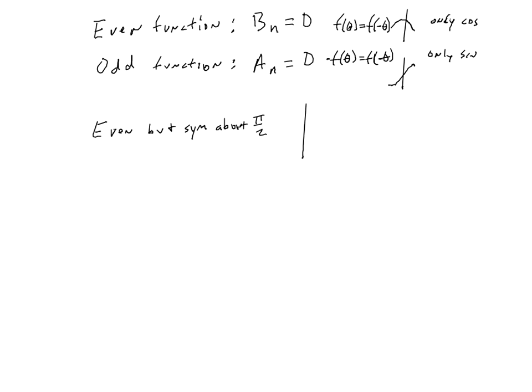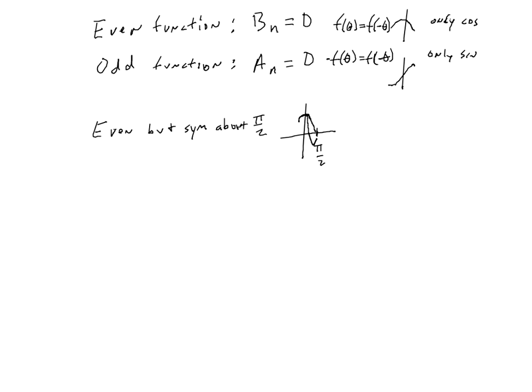What that looks like is, let's suppose you have a function like this, and it's symmetric, right? But then this is pi over 2.